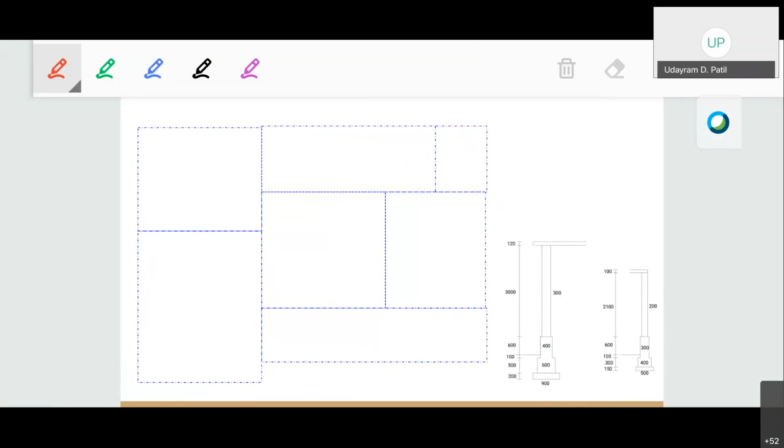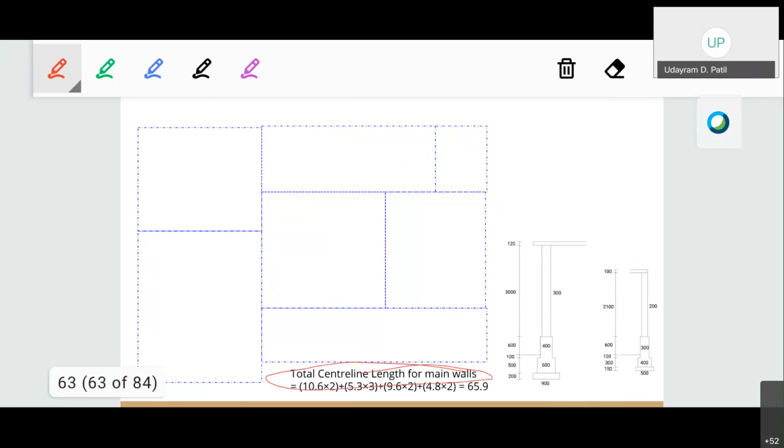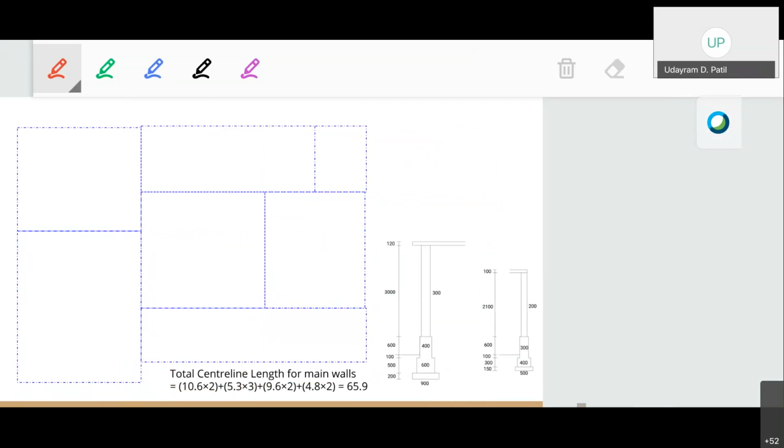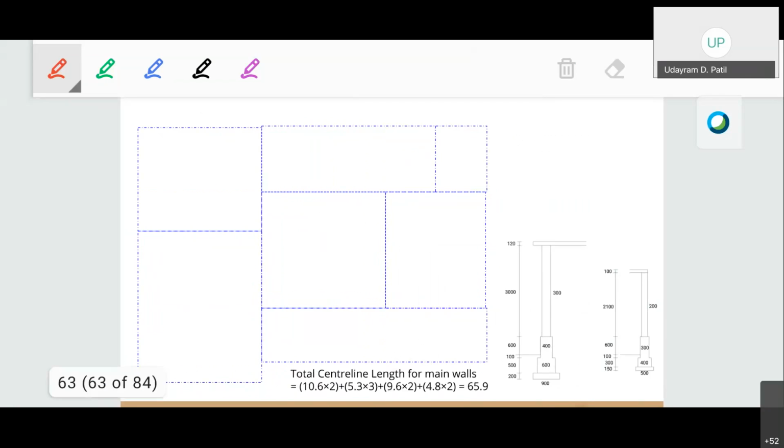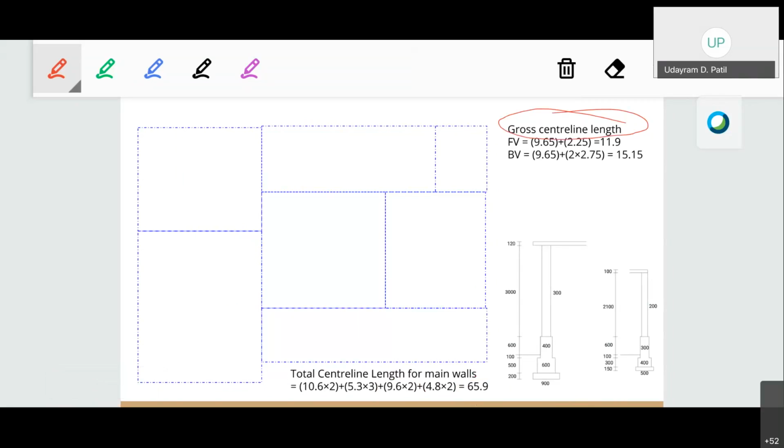First, we have already calculated the total center line length for the main walls. That was 65.9. Now calculating the total or gross center line length for the front veranda and the back veranda. For the front veranda and back veranda, the 0.2 meter width walls are there.